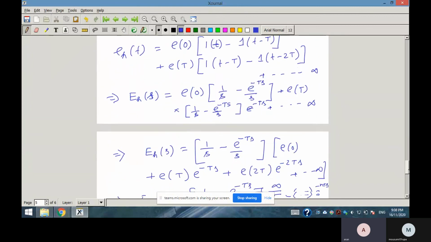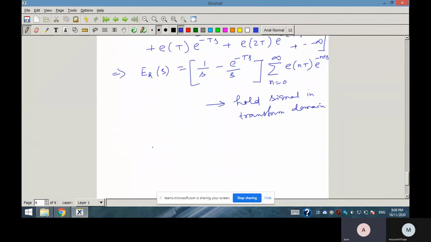The input of the whole circuit is the sampled output e*(t). What is your sampled output e*(t)?